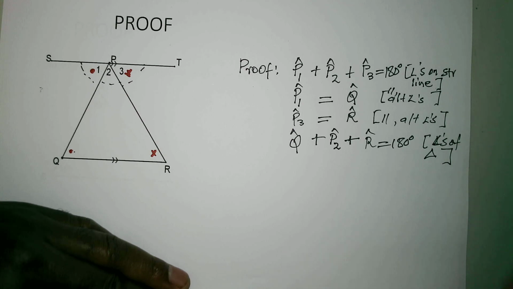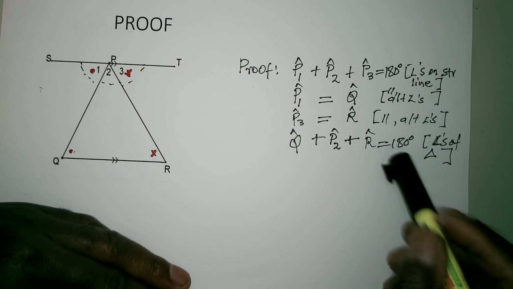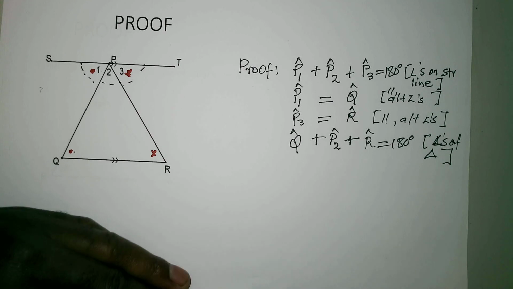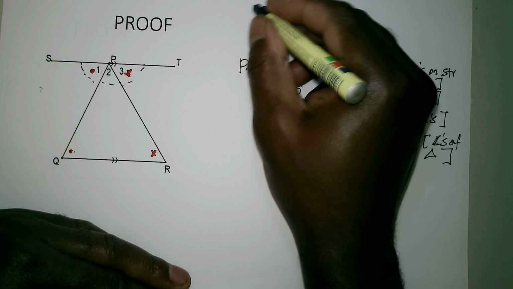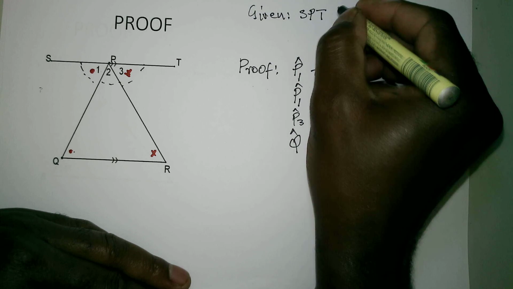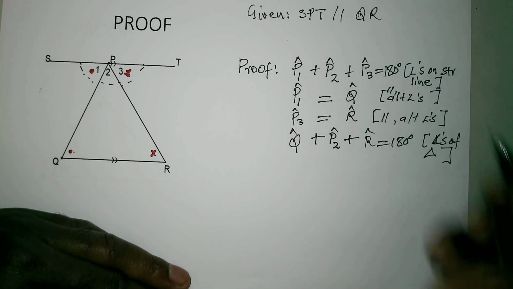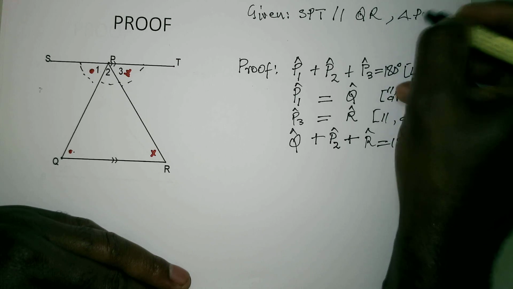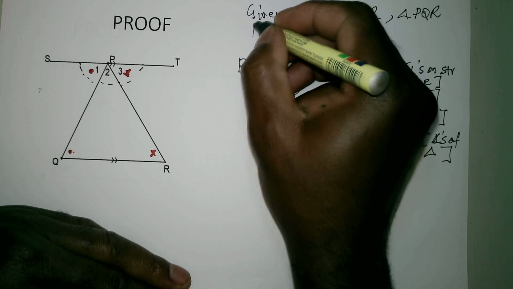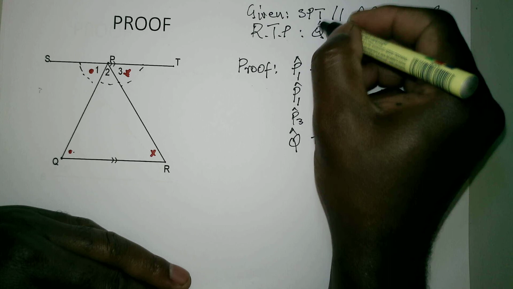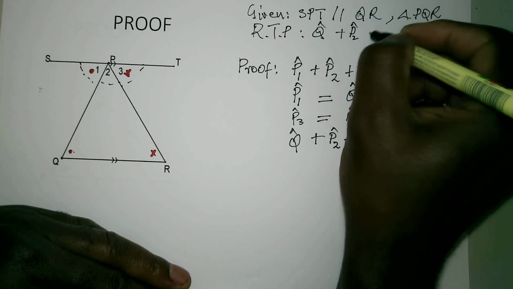So we were able to prove deductively, having been given that SPT is parallel to QR and triangle PQR, that angle Q plus angle P2 plus angle R is equal to 180 degrees.